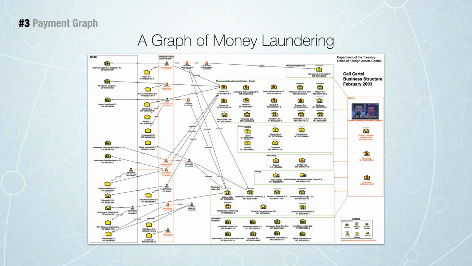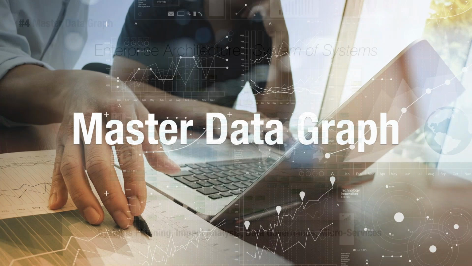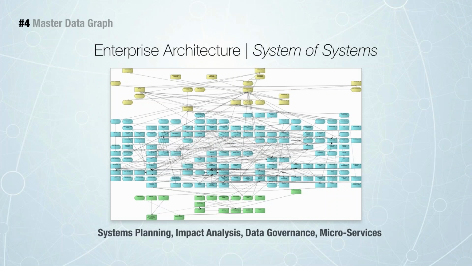The last one to talk about is, I guess, the most generally applicable: enterprise architecture systems. Whether you're looking at systems planning, impact analysis, how do these microservices come together to service a single application?